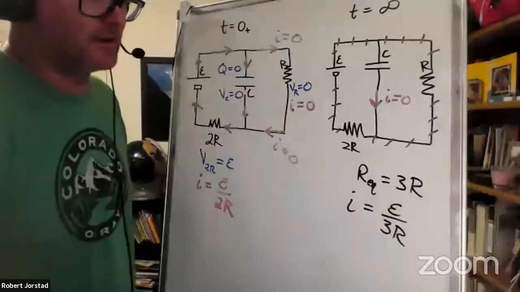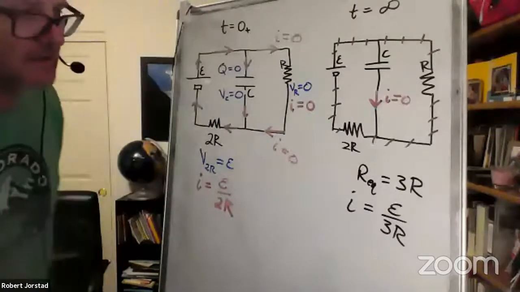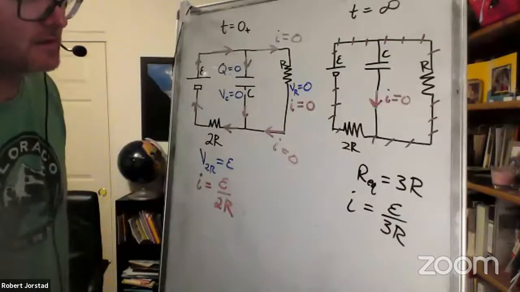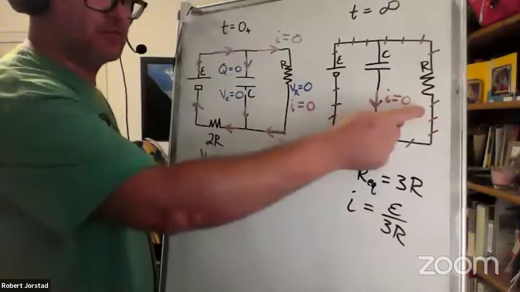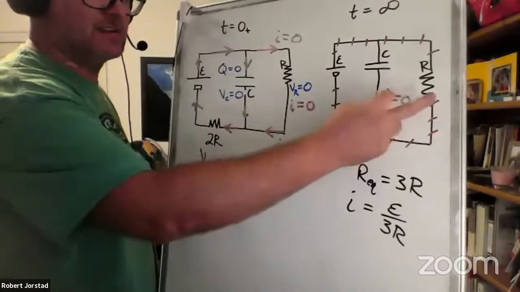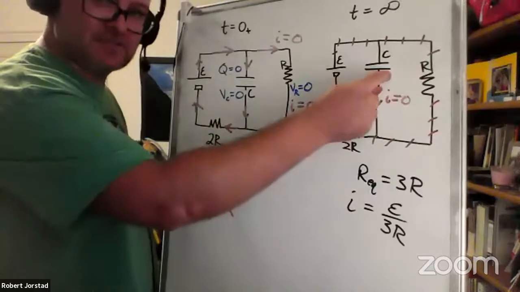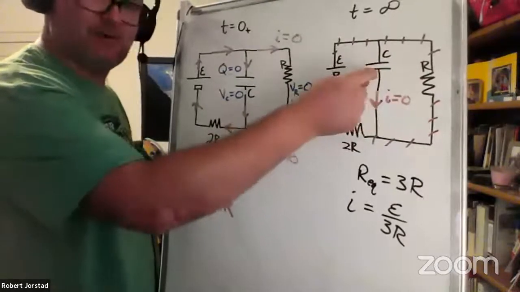You need to get the voltage on R, and it's the same as the voltage on the capacitor. So we're going to play this trick backwards. If you could figure out the voltage on this one, can't you then say these are in parallel and you get the voltage on this one, and then you get the charge on that one?